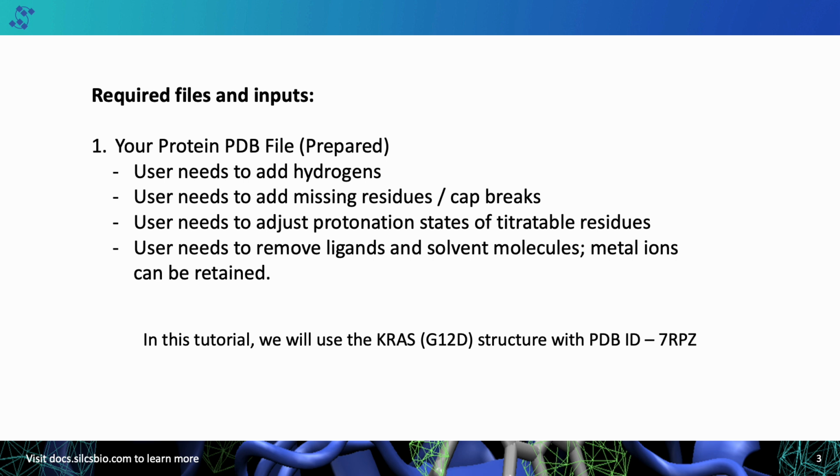Note that we typically remove all ligands and solvents from the protein structure. Metal ions can be retained. Here we will use the KRAS protein with G12D mutation structure with PDB ID 7RPZ.